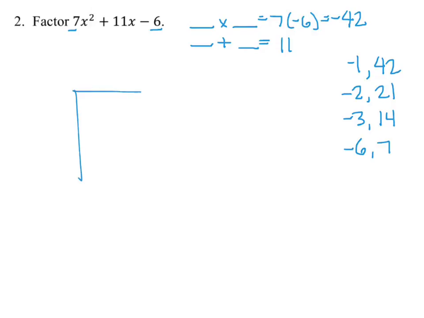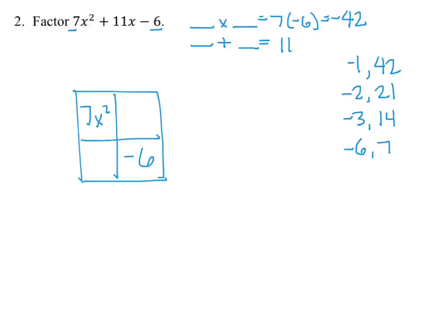I'm going to go and make my box. I'm going to put the 7x squared on the top left, negative 6 on the bottom right. Before I do that though, I need to figure out what these other two numbers are going to be. I have my factors. I'm going to try and add them together.